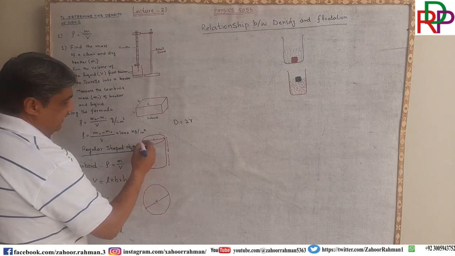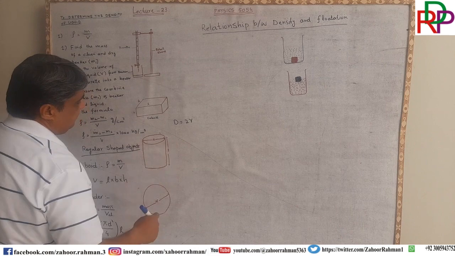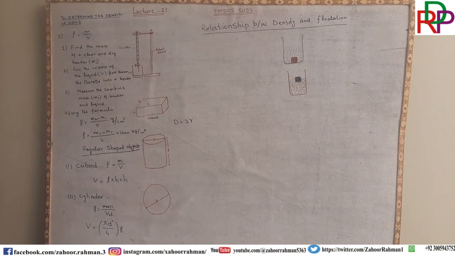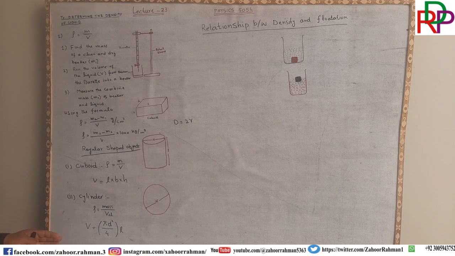And here again you can use the diameter or radius. We learned that in the first topic of this course. If somebody is not understanding, then go to the previous video, the first or second video. I don't exactly remember, but it was in that.